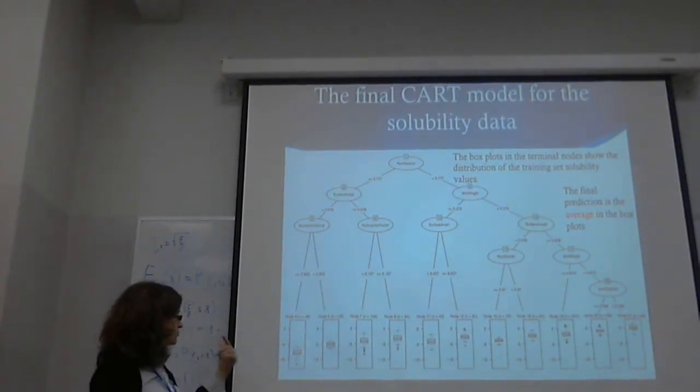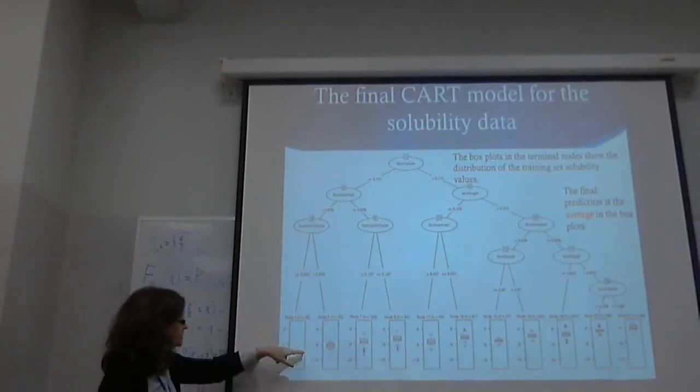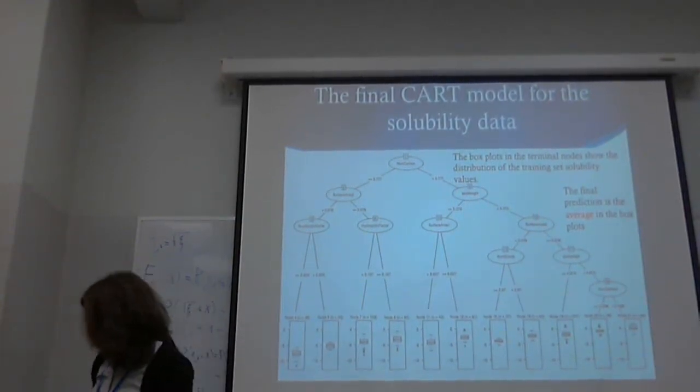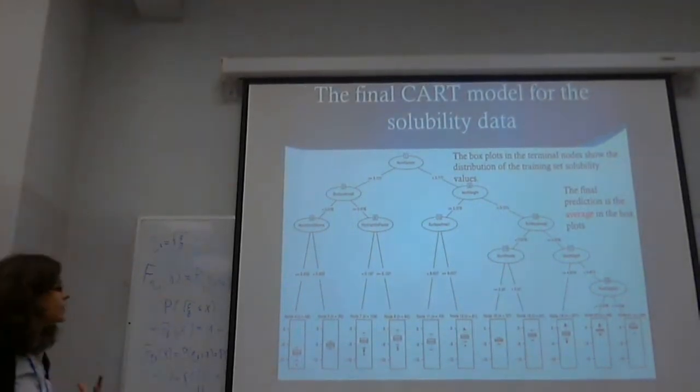So you have to realize that once the prediction is made, it's not just one value, it's a median value, and that's why the prediction result is not as accurate.